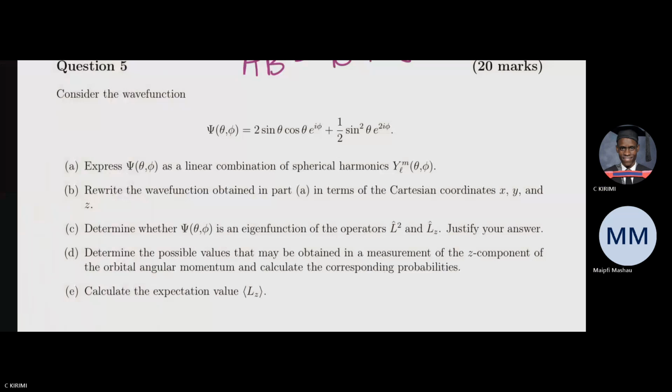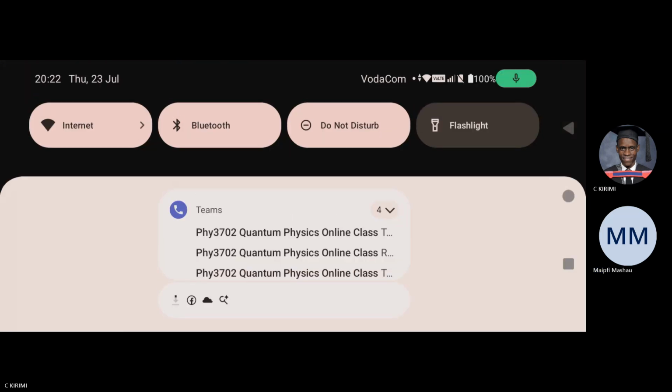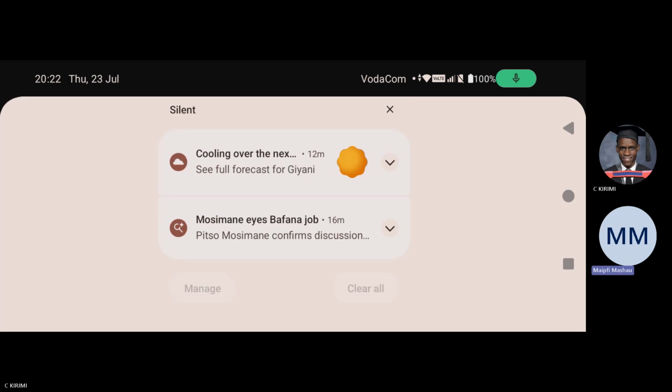What are spherical? The first time we have never heard about it. What? So I am referring to spherical harmonics. I know about what you understand by spherical harmonics. I know about harmonic oscillators. Because we did that last year.